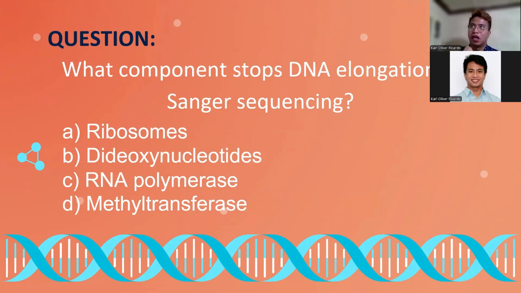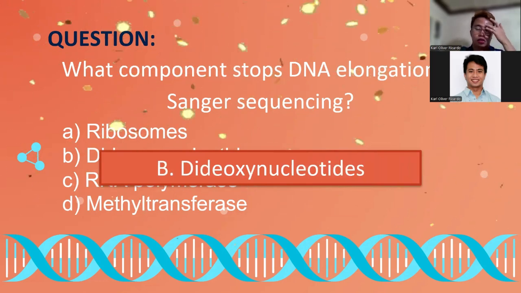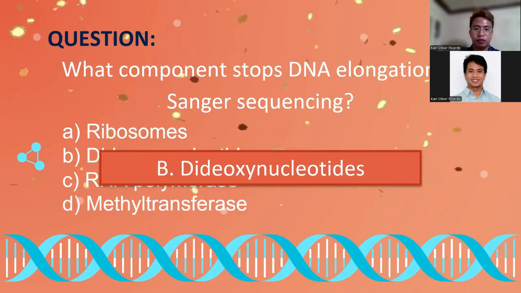Ito po yung part na wala na pong reaction. Ano pong component no? Para mag-stop na po yung elongation. Para hindi na siya mag-produce pa. Para wala ng reaction. So, is it ribosomes? Is it dideoxynucleotides? Is it RNA polymerase? Or is it methyltransferase? Of course, the correct answer here is letter B. We have the dideoxynucleotides. Okay?